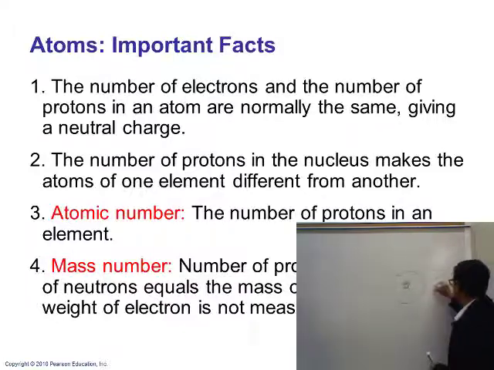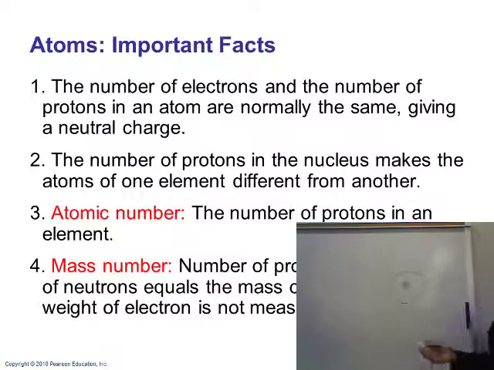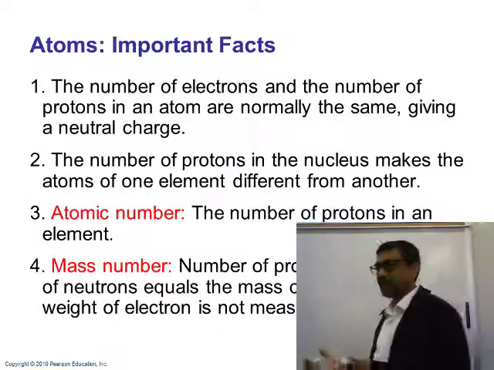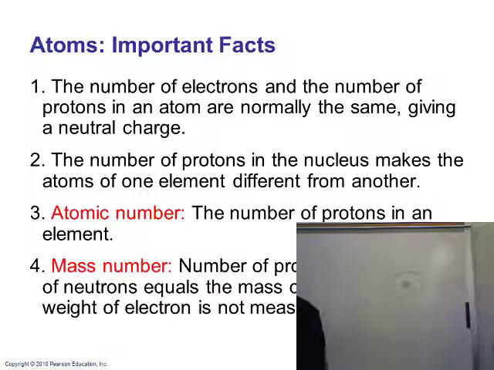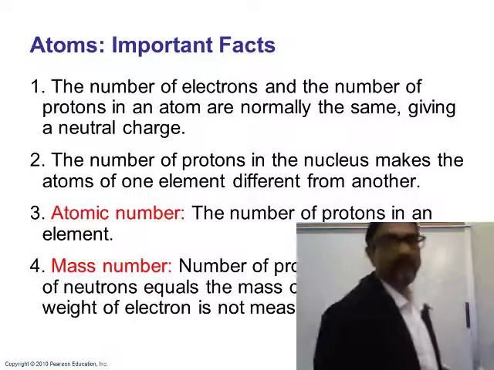Atomic number is the number of protons in an atom. So since this atom has 3 protons, the atomic number of this atom is 3 in this case. Okay, so very simple. The number of protons in the nucleus indicates the atomic number of that atom.